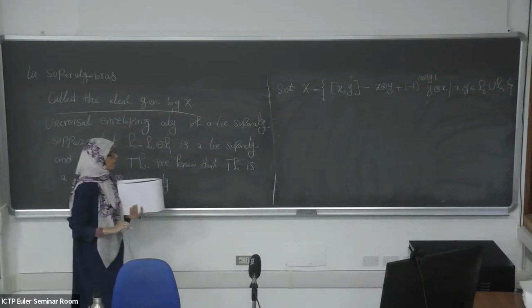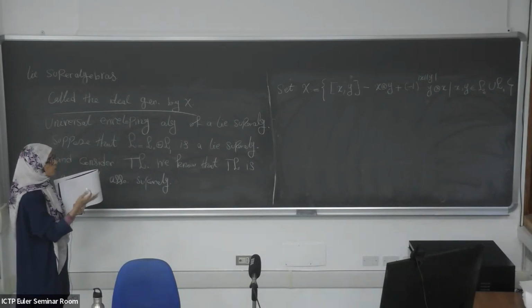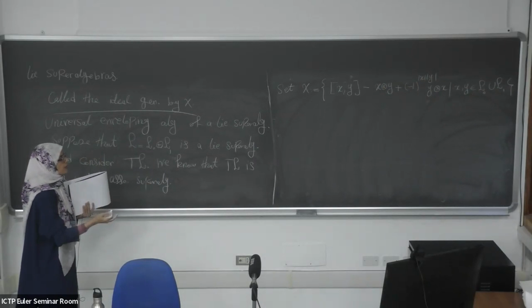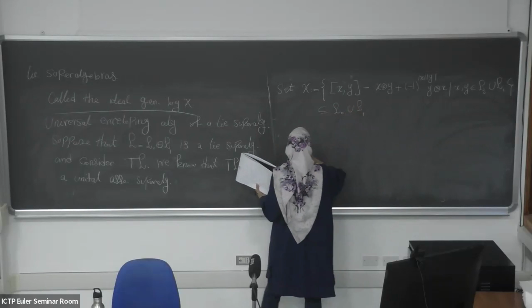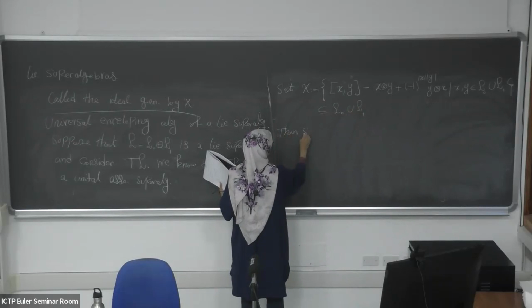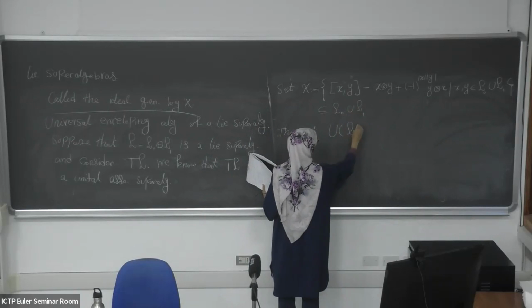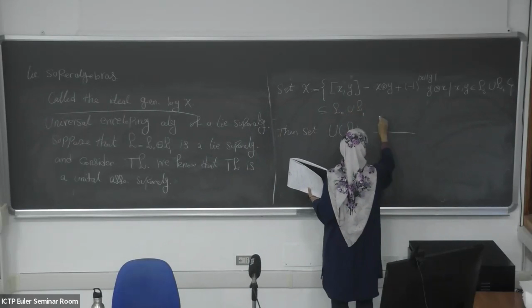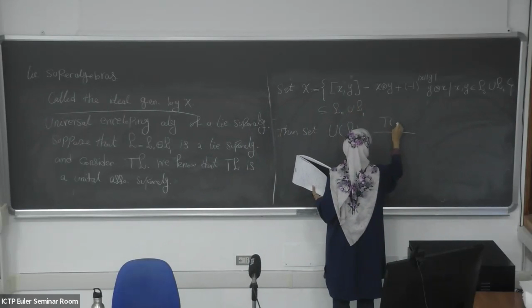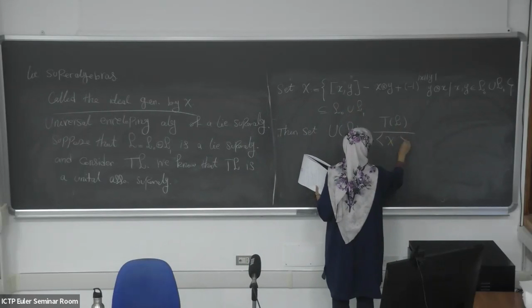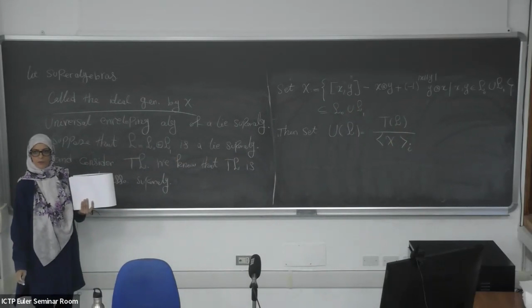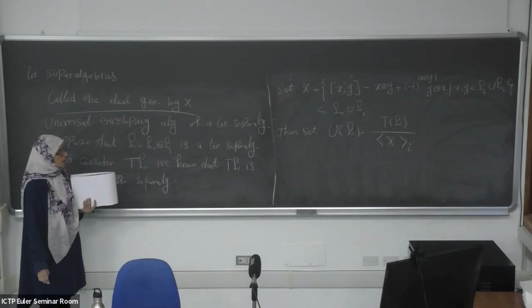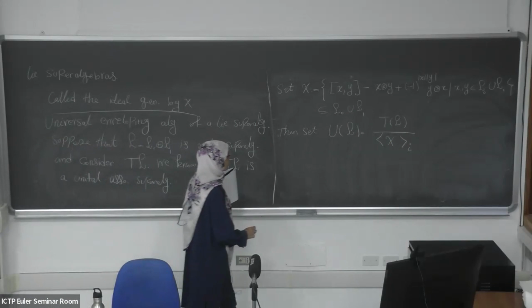And as x and y are elements of L0 and L1, this is a subset of L0 union L1, and then set UL to be TL over (X).